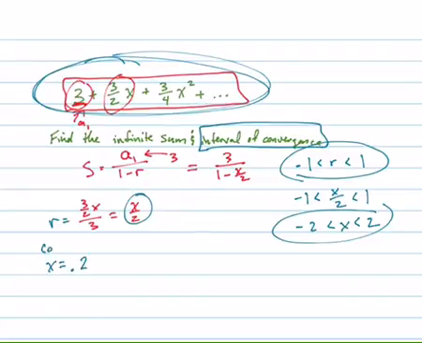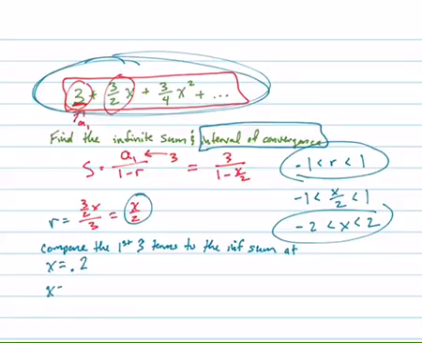They'll ask something like, compare the first 3 terms to the infinite sum and find the error at x equals 0.2, and they'll also give you another one like x equals 1.2. For both of these it converges because they're both between -2 and +2.